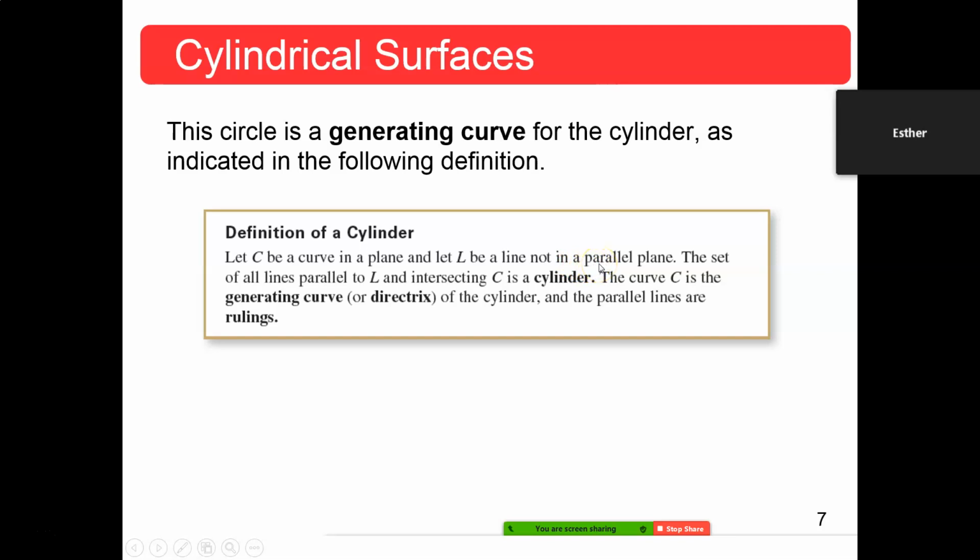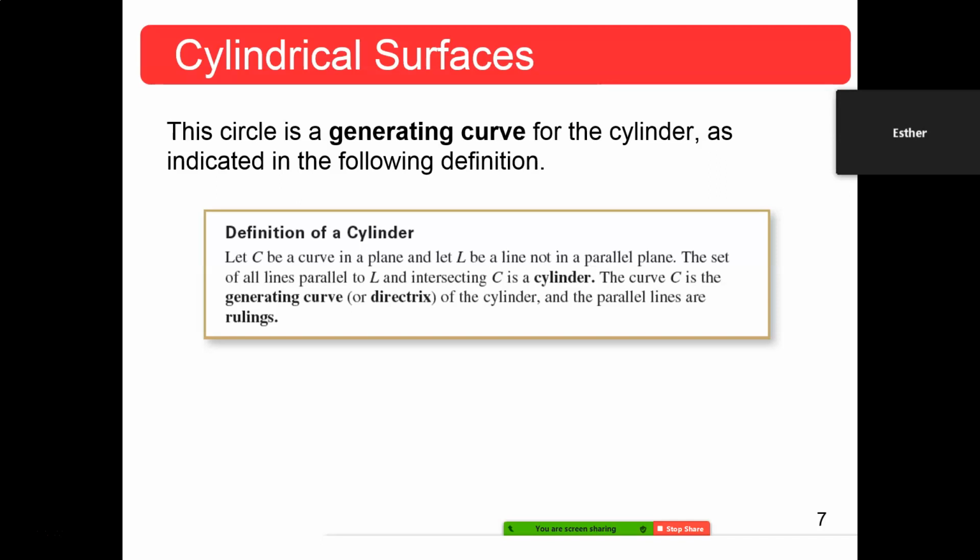I know you can't see where I'm waving my hands here, but I'll try to give you an idea. Let's say here's a plane where C is located, and C can be any curve in that plane. L is a line not in a parallel plane, so it wouldn't do any good for L to be down here.